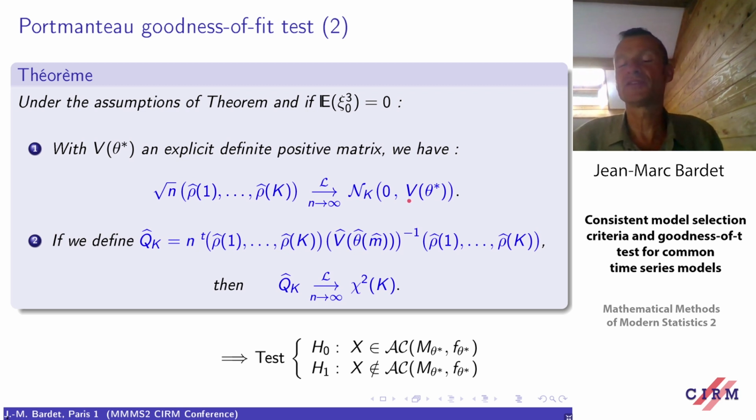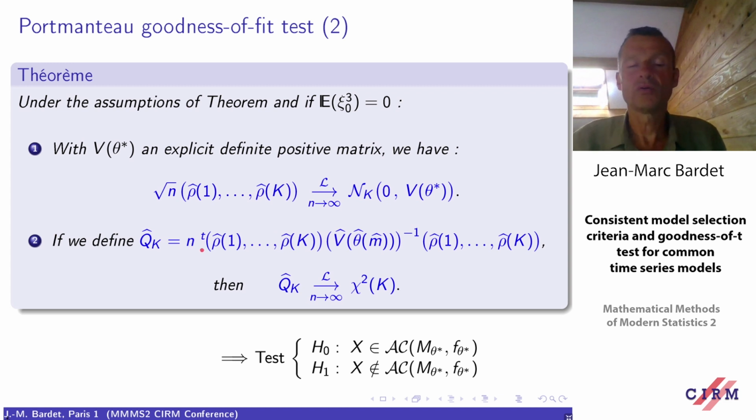I do not give its expression because it's a very long expression, but it depends on functional f and functional m and its derivatives. So it is an asymptotic covariance that could be approximated.